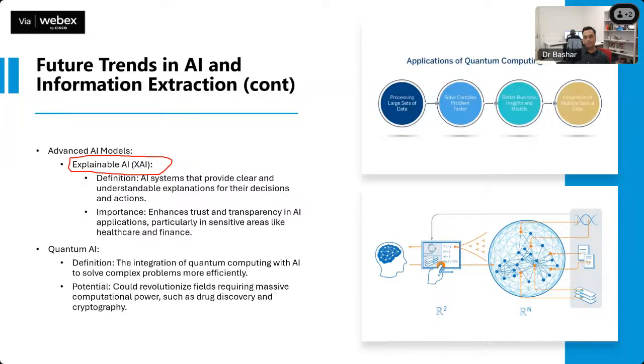To use them in critical situations, for example in healthcare, self-driving cars, or defense, you want to know why it is making that prediction or decision. If you don't know, then you don't know what will happen in some uncertain scenario. Maybe it will make some mistakes, and then everything will be in disarray. So that's why people are now working towards explainable AI.